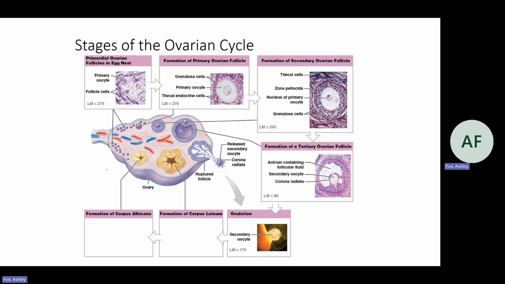So again, we're looking at a primary oocyte surrounded by one layer of follicle cells, which is primordial. Then we go to our primary ovarian follicle. We start thickening. We get more granulosa cells. We get thecal cells. Secondary ovarian follicle, we're still just growing, getting more.